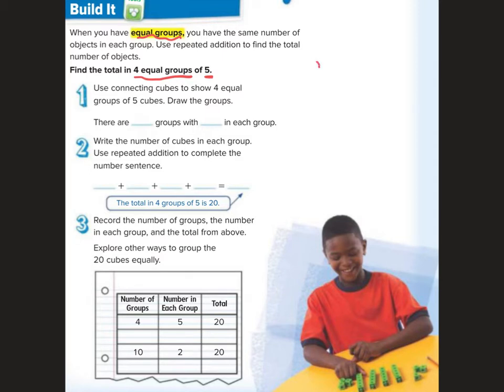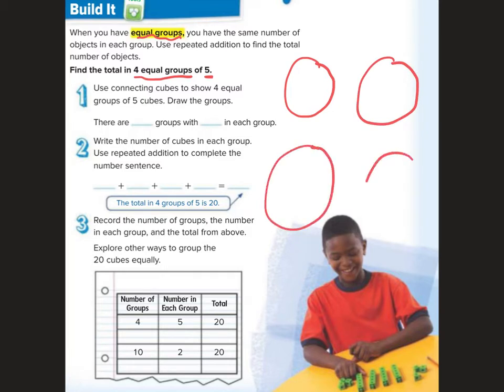It says use connecting cubes, but so we have 4 groups, and inside each group is our 5 squares. You can draw this on your paper with me as I'm doing it, and pause if you need more time.